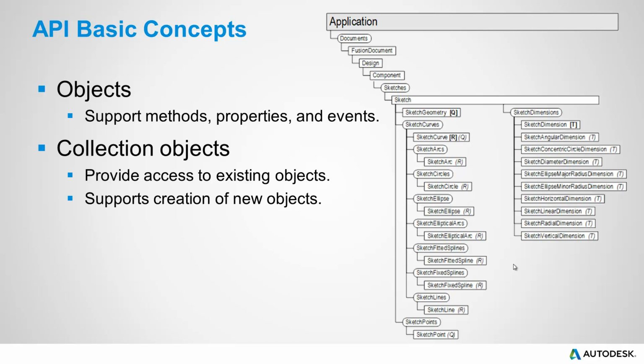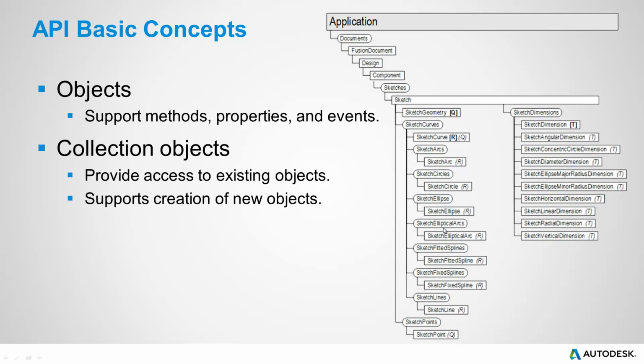They're the same as the other objects. They can support methods and properties. They could support events, although collection objects don't tend to. The collection objects are all the boxes in the chart that have rounded corners. And they provide access to all the existing objects of a specific type. And it's also through collection objects that you create new objects.